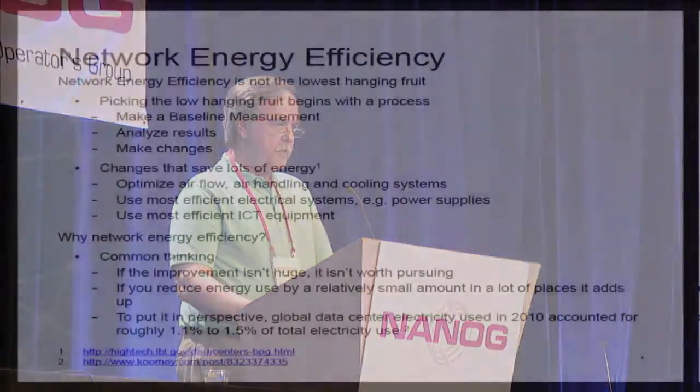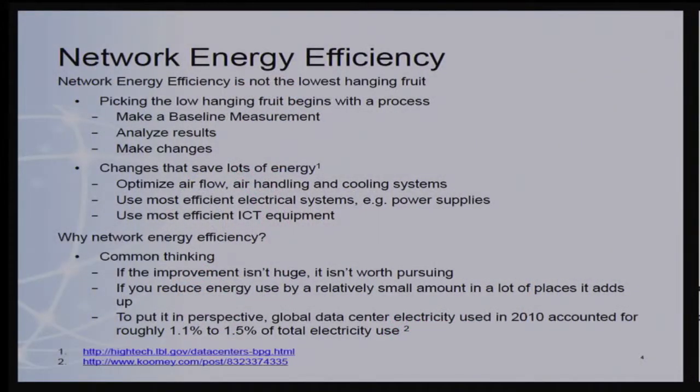It starts with a process: you make some baseline measurements, analyze the results, and then make changes and improve on that. The changes that typically make the bigger improvements have to do with optimization of airflow or using more efficient power supplies and that sort of thing. Then when you get beyond those, choosing more efficient information communication technology equipment would be the next place to go.